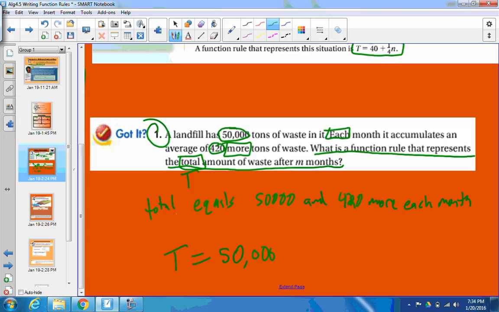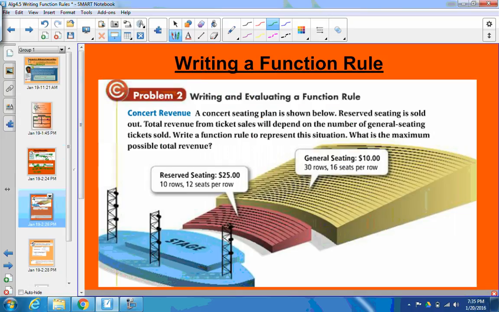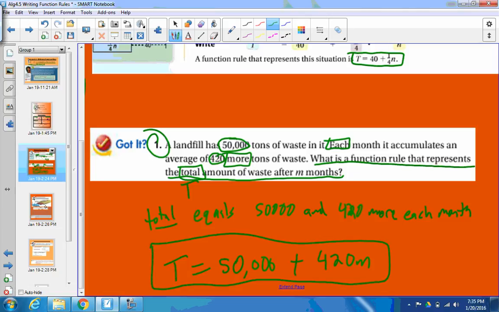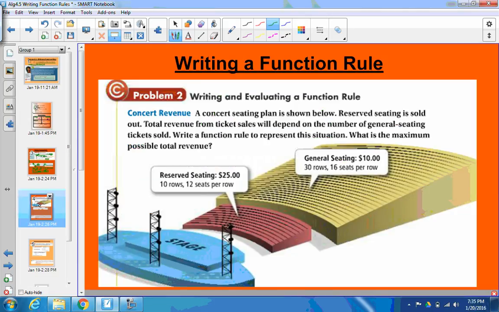So T would be our total equals 50,000 plus 420 each month, so times M. So that would mean you start off with 50,000 and you add 420 each month. So you can plug in for M and end up getting how much waste you'd have that month. All right, so that is writing a basic function.